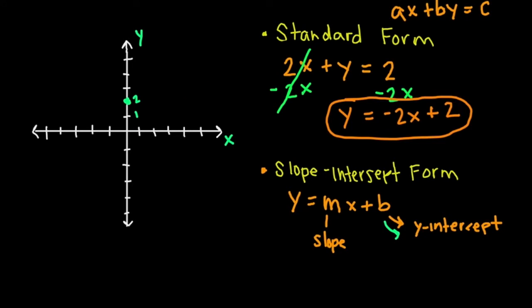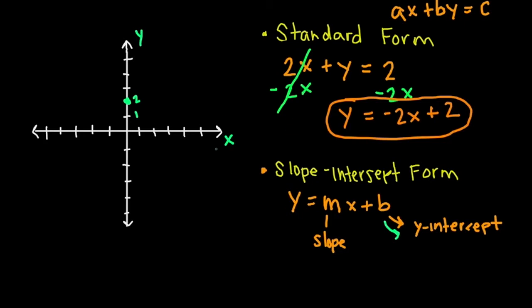When you're graphing a linear equation, you need at least 2 points. To get the second point, you look at your slope, which is a negative 2. It doesn't come with the x, it's just that leading coefficient right there.